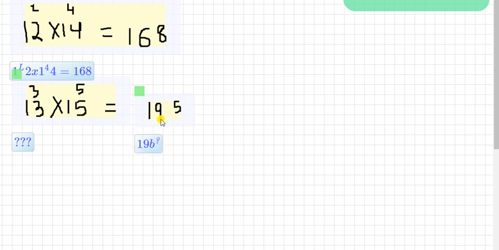This is a very simple trick for multiplication of numbers near base 10. Then the next trick is when the base is 100. I will take the numbers 94 into 92.